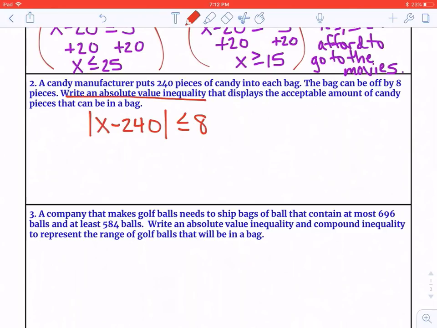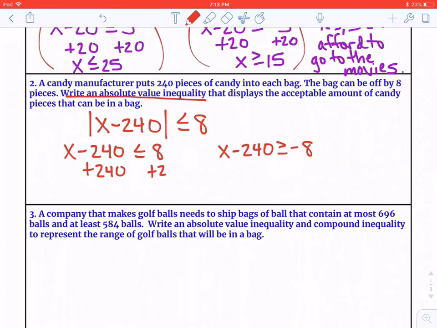But just for practice, let's go ahead and solve and get our compound inequality statement. So let's do x minus 240 is less than or equal to 8, and x minus 240 is greater than or equal to negative 8. It won't take long to solve and get a more definite amount. So then we get x is less than or equal to 248.